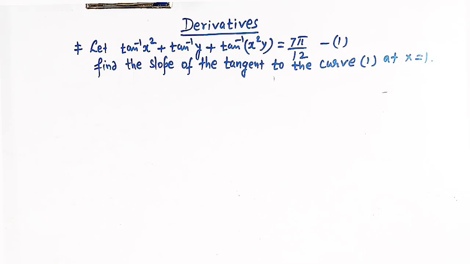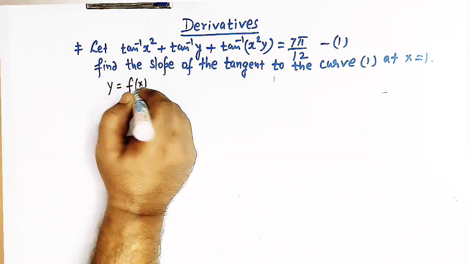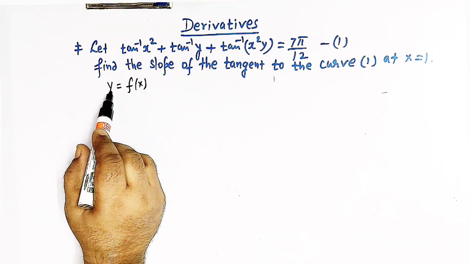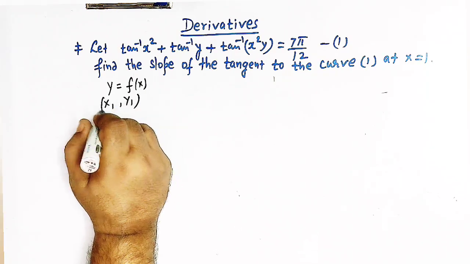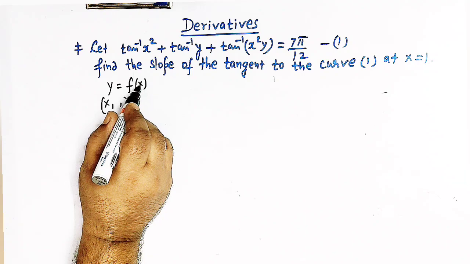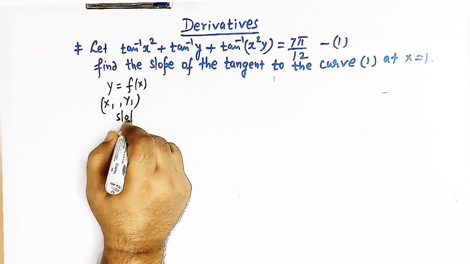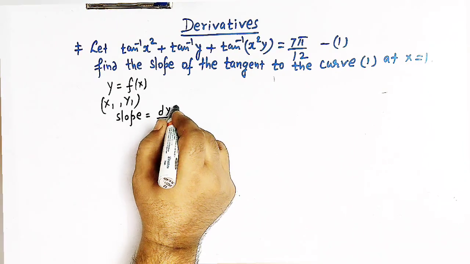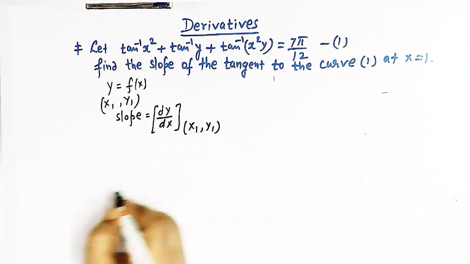Now we know that if we have a curve y is equal to f of x, then the slope of the tangent to this curve at some point x1 comma y1 is given by the derivative of y with respect to x at this point, dy over dx at x1 comma y1.